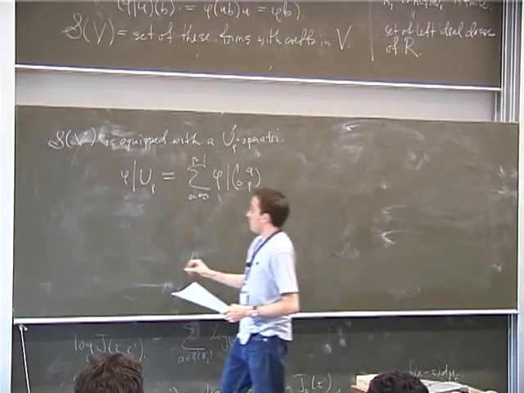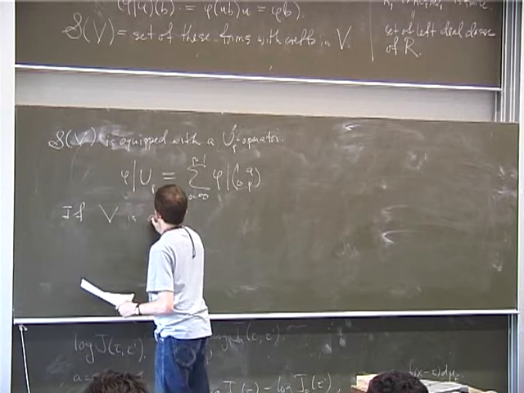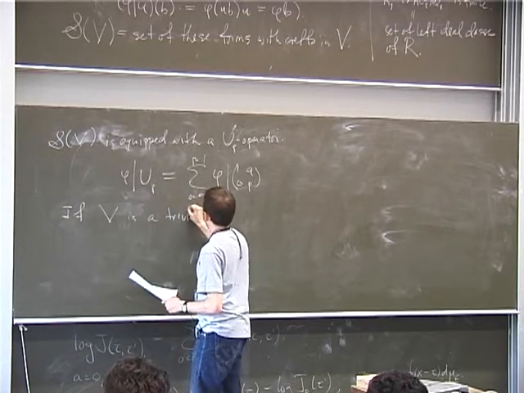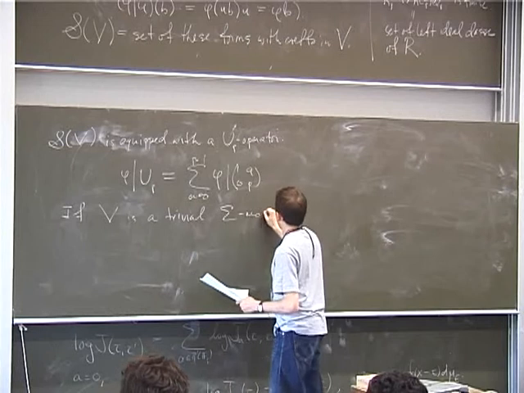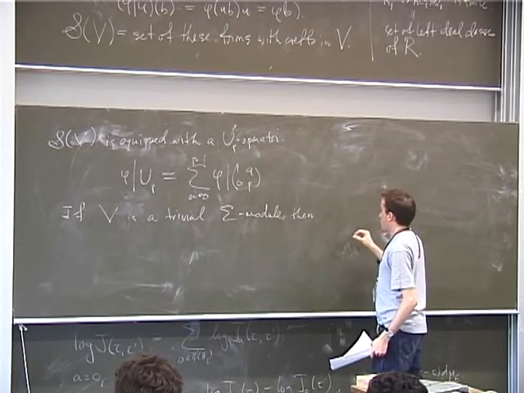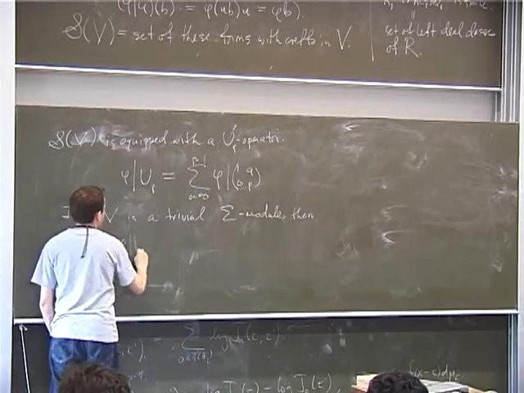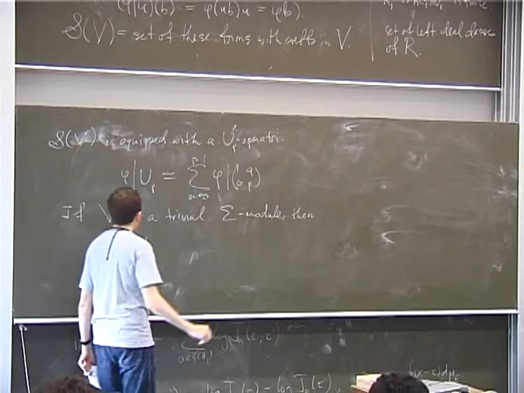And if V is a trivial sigma module, then we have an acting linear involution. Then we have phi slashing with WP.